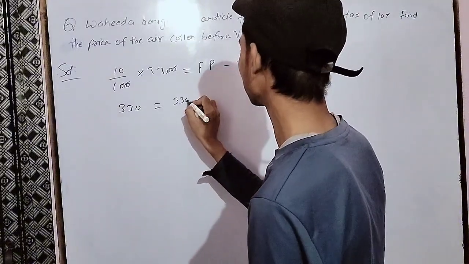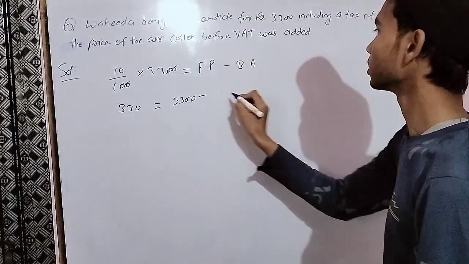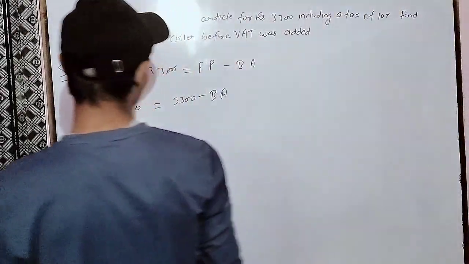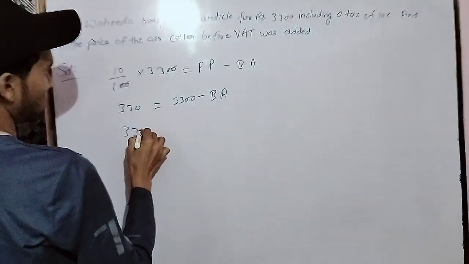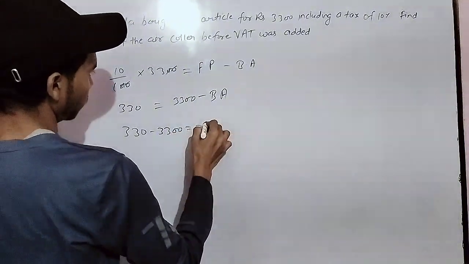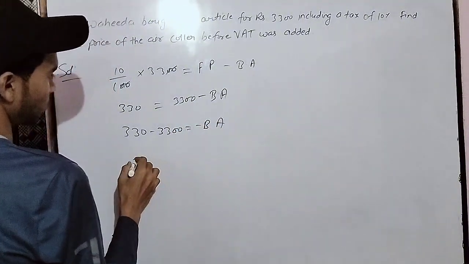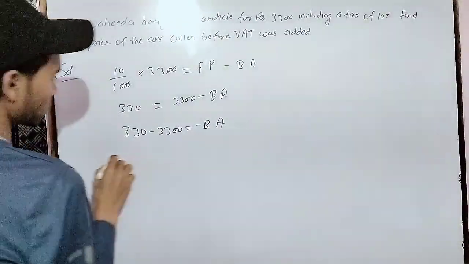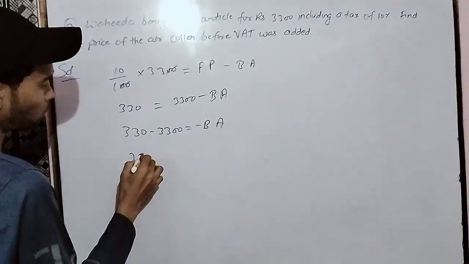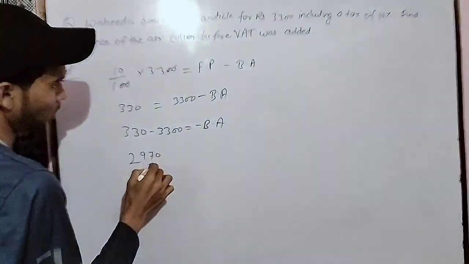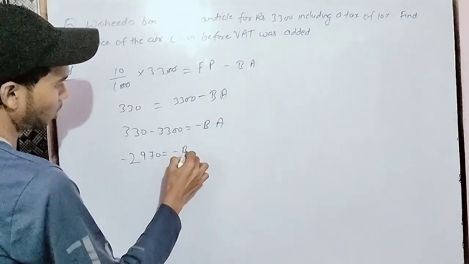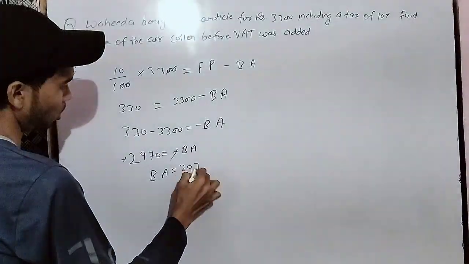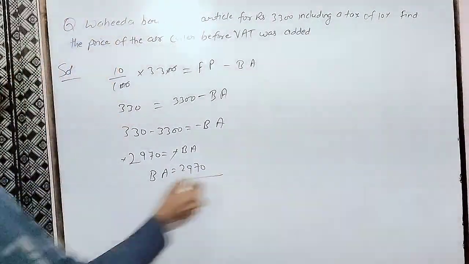Final price is how much? 3,300 minus the amount we should find. This is the bill amount.